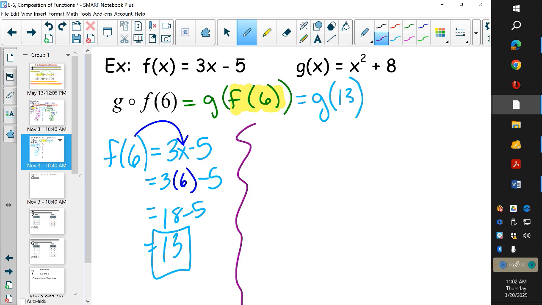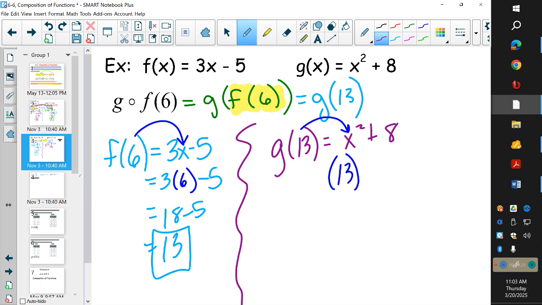Okay, so I start the process over again and I say, all right, well, what is my number touching? It is touching the function g. What is g defined to be? X squared plus 8. And every place I see an x, what goes in place of it? 13, yes? So I'm going to have parenthesis 13, close parenthesis, squared plus an 8.